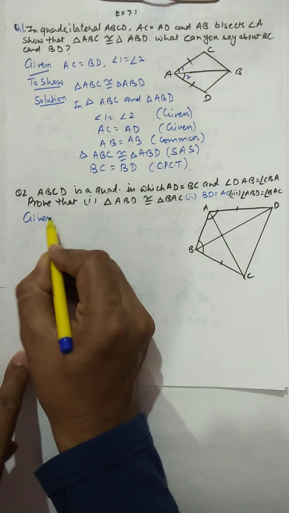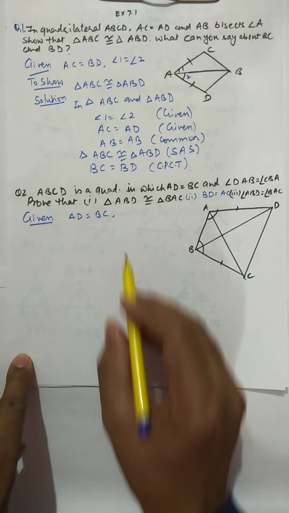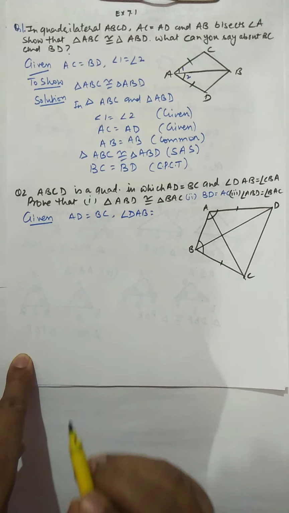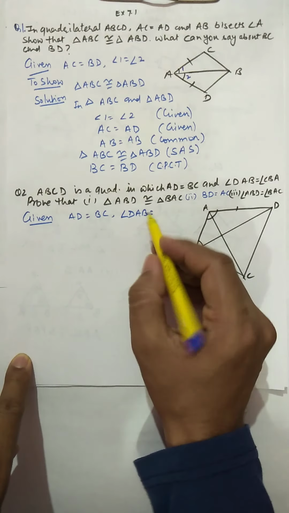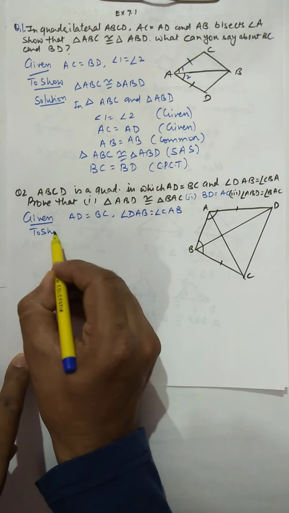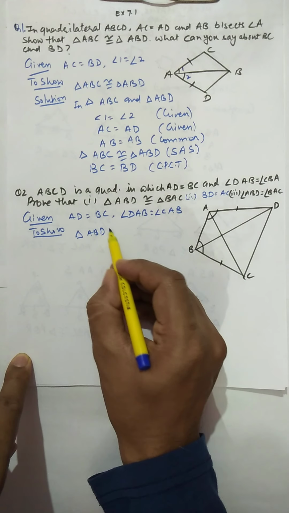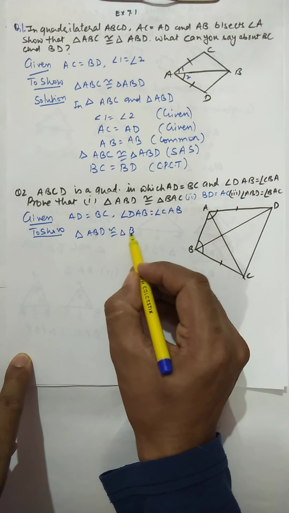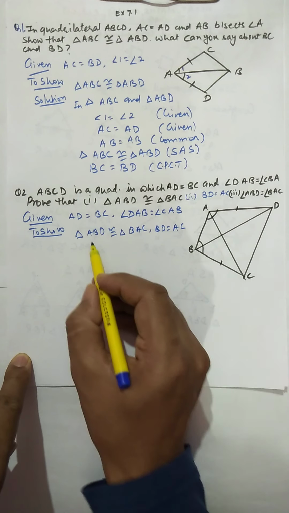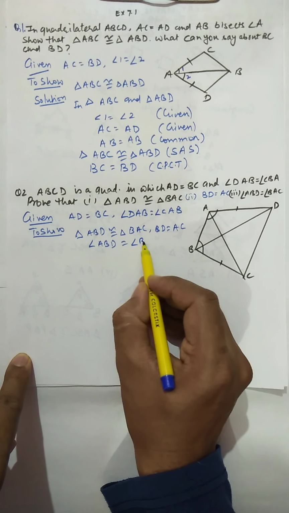First we'll write given is AD is equal to BC, this is given, and second information is DAB is equal to CBA, this is also given, and now we have to show that triangle ABD congruent triangle BAC, and second you have to show BD equal to AC, and third you have to show ABD equal to BAC.